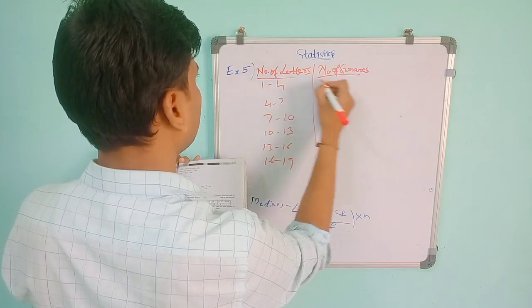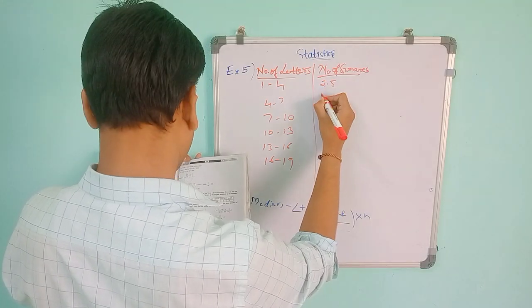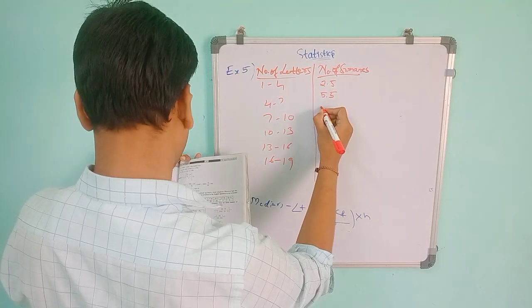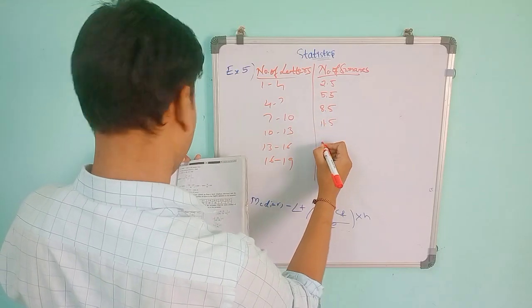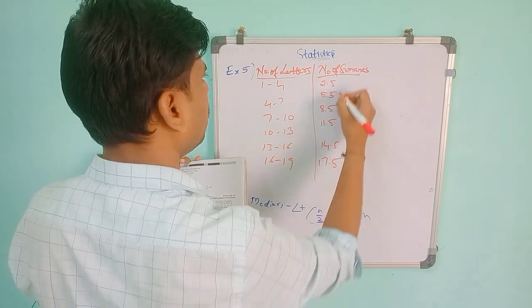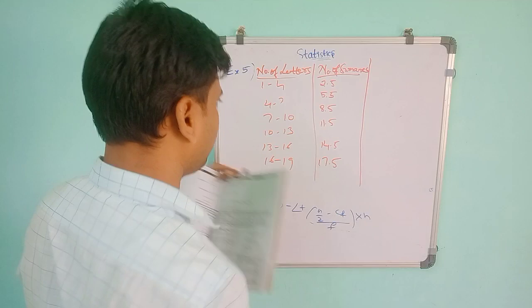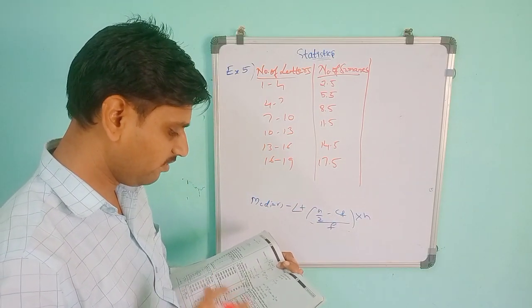The corresponding values are 2.5, 5.5, 8.5, 11.5, 14.5, then 17.5. This is the number of surnames. So determine the median number of letters in the surnames.